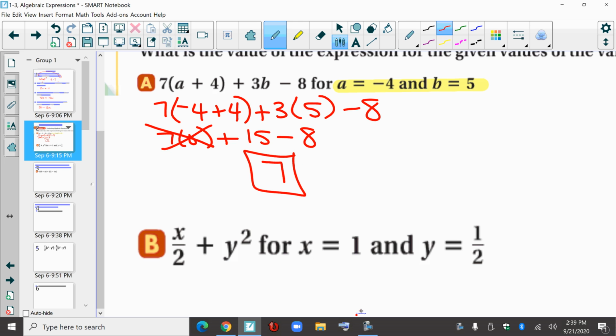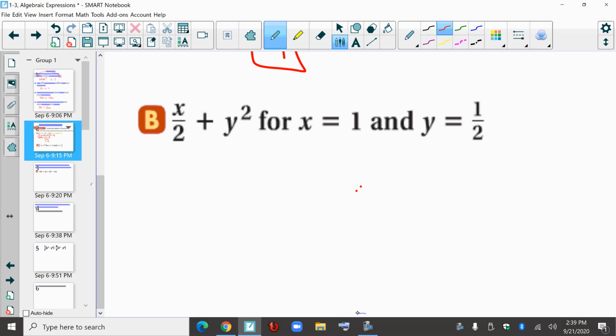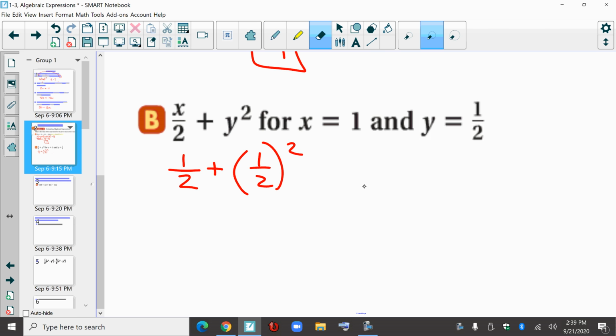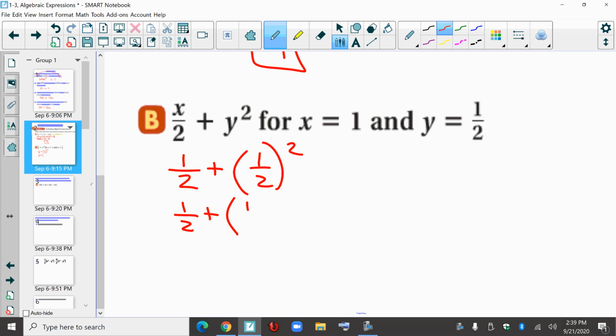Next. I have x is 1. And y is 1/2. So if y is 1/2, that's squared. So I'm going to write that down 2 times so that you can understand where the value comes from.